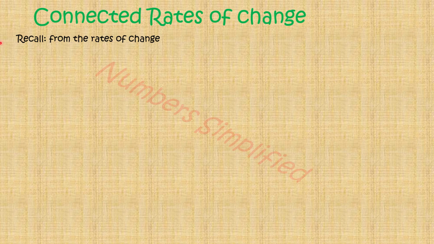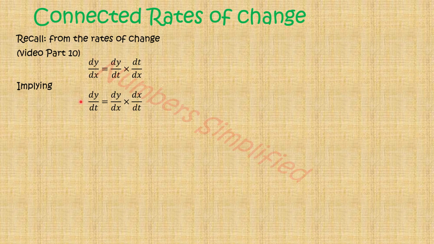Recall from the rates of change from video part 10 from the differentiation list, we learned that dy/dx is equal to dy/dt times dt/dx. This would imply that dy/dt is going to be equal to dy/dx times dx/dt, where dx/dt is equal to 1 over dt/dx.